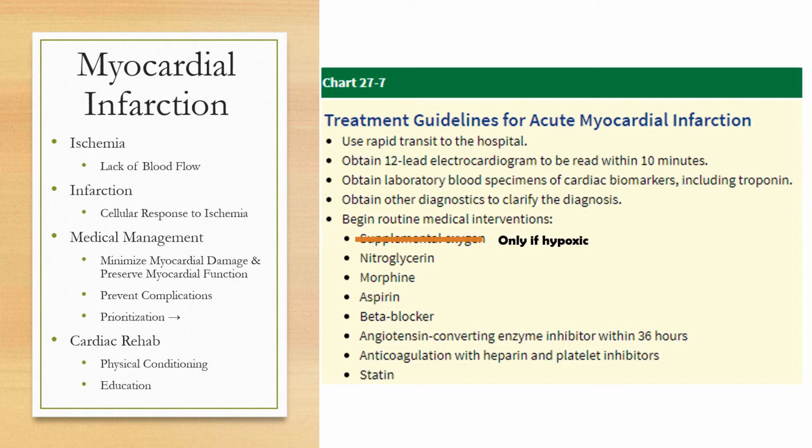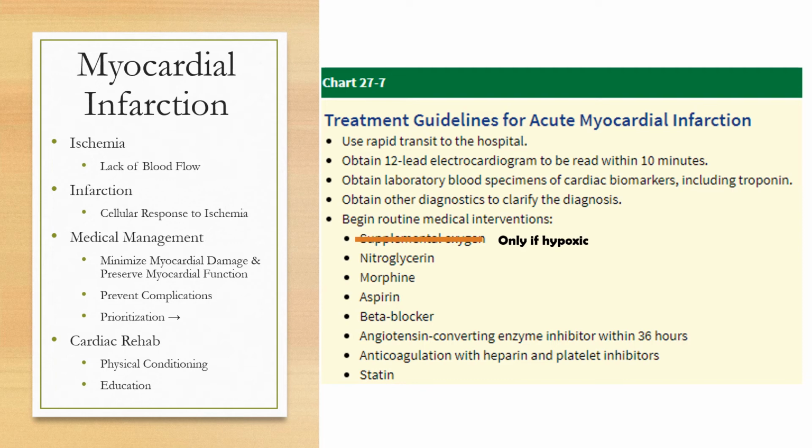Infarction, there's been cell death. Okay, so some of the myocardial cells have died because of reduced blood flow, and there's been a myocardial infarction. Okay, so we're going to talk about the medical management of how we're going to minimize myocardial damage because of this blocked coronary artery. We want to minimize the amount of muscle that dies and preserve the myocardial function, the pumping of the heart.